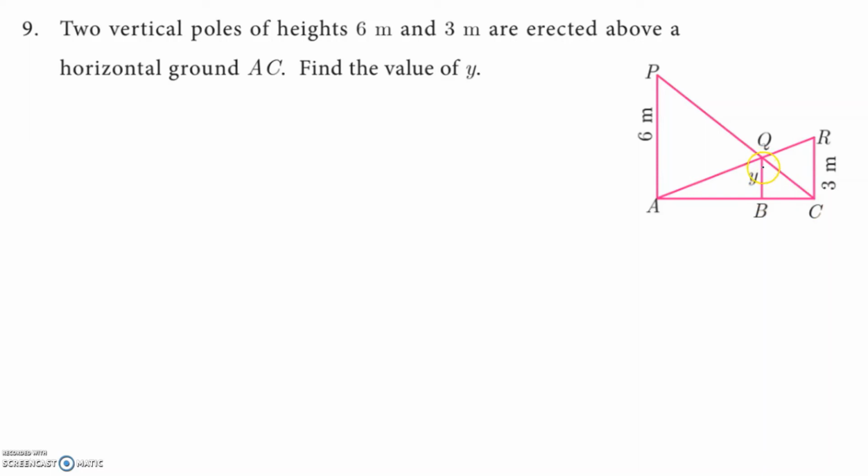Okay, so we can see here triangle PAC is similar to triangle QBC, since they have two angles equal: they have 90 degrees here, and you also have this as a common angle for both.